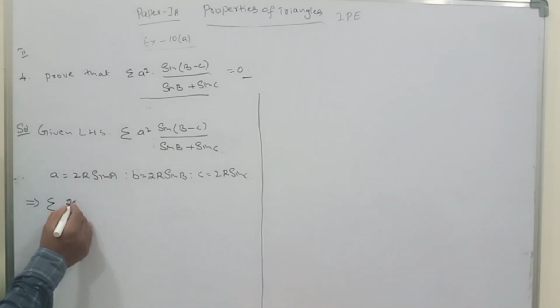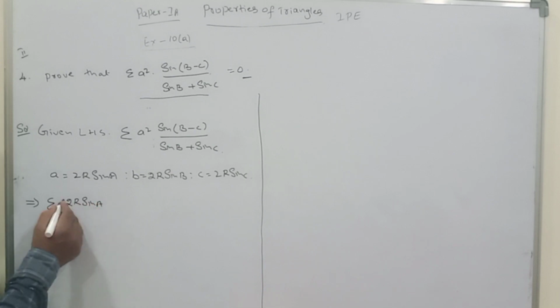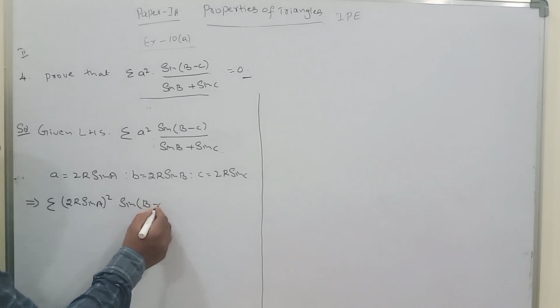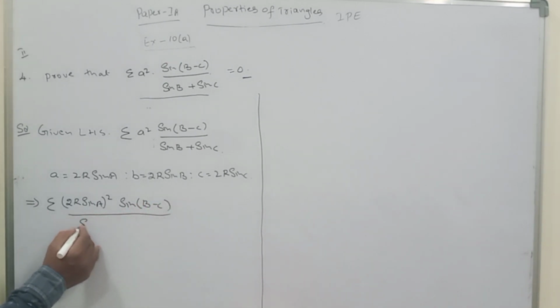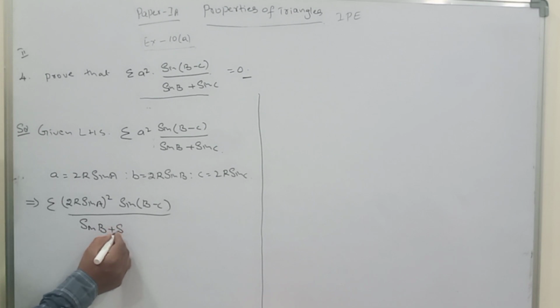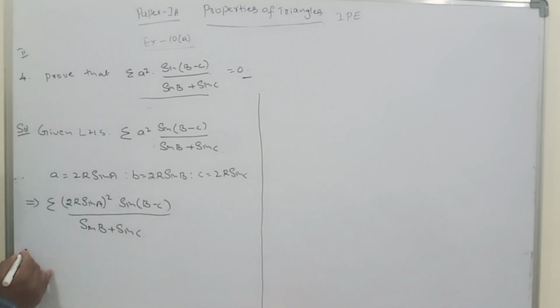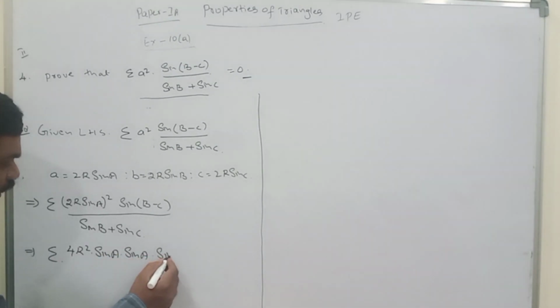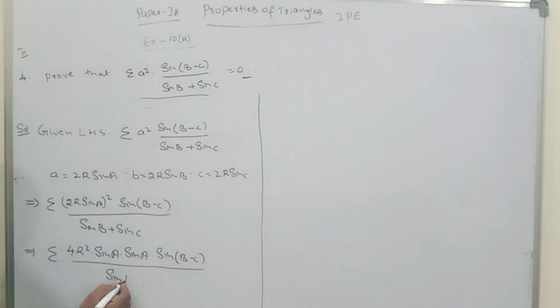This is (2r sin a) whole square into sin of b minus c by denominator sin b plus sin c. So it can be written as sigma (2r) whole square is 4r square into sin A into sin of B minus C by sin B plus sin C.